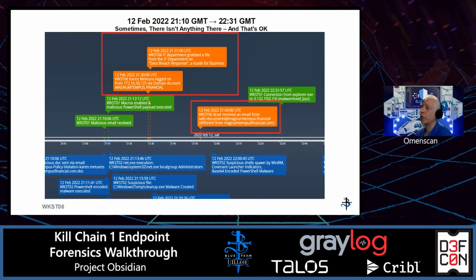Workstation 1 and Workstation 2 are what we're going to cover here, but we also looked at Workstation 3 and we didn't find anything. So it's an important point I wanted to highlight in this presentation that you may initially suspect an endpoint. You may do a full analysis on it and not find anything there, and that's okay.